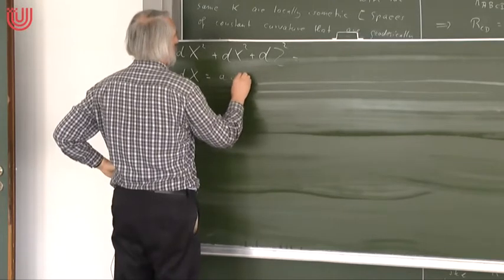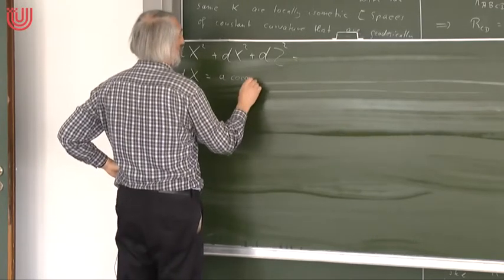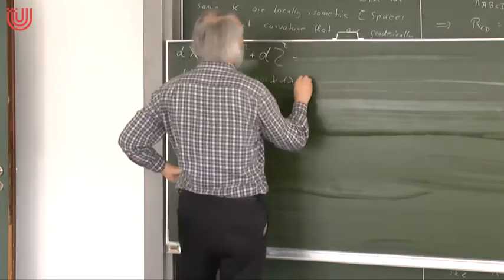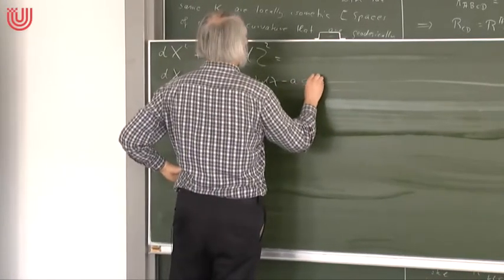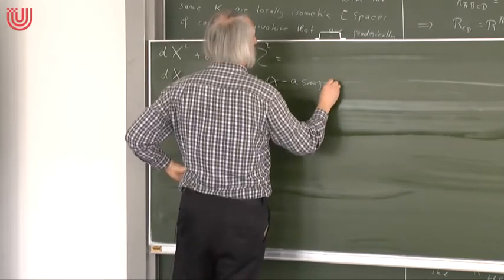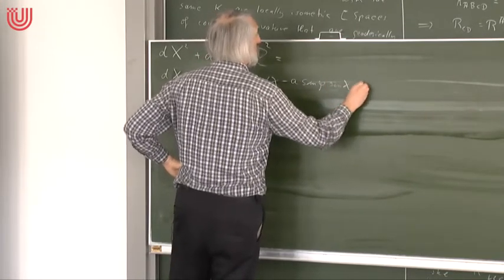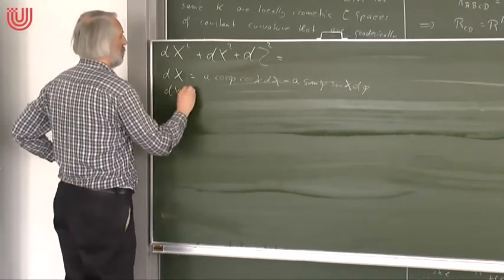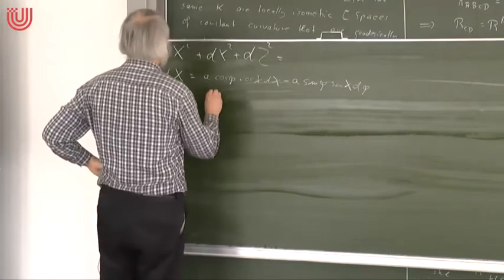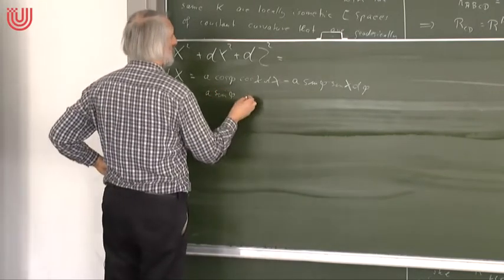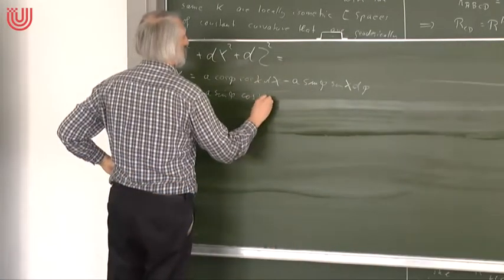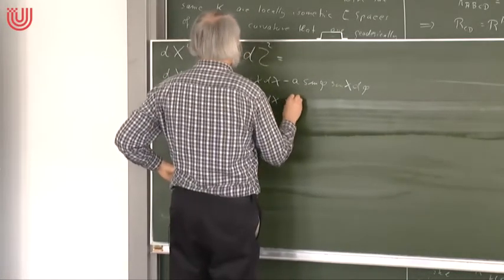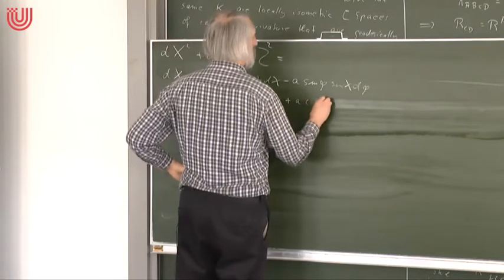Dx is A cosine phi cosine chi d chi minus A sine phi sine chi d phi, okay? A is a constant radius. Then dy is the same with sine phi. The derivative of sine is plus cosine.